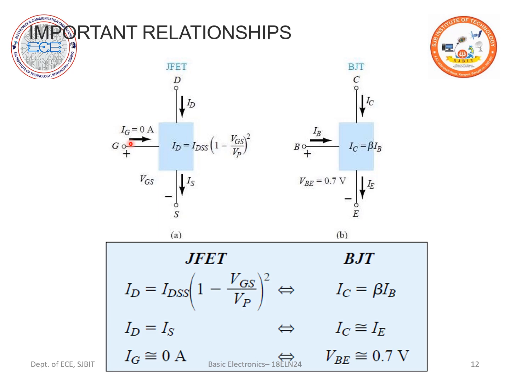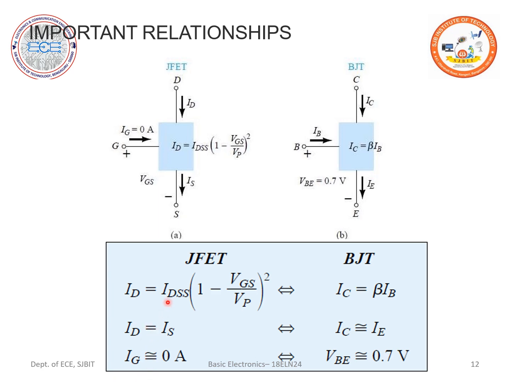The current coming from the gate, we call the gate current, and the current coming from the source, we call the source current. The voltage between the gate and the source we call VGS, and the voltage between the drain and the source we call VDS. So the current ID is given by IDSS into (1 minus VGS by VP) whole square, which is nothing but the Shockley current equation, right?